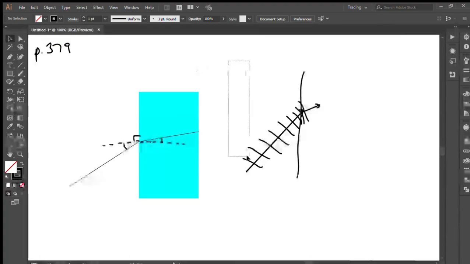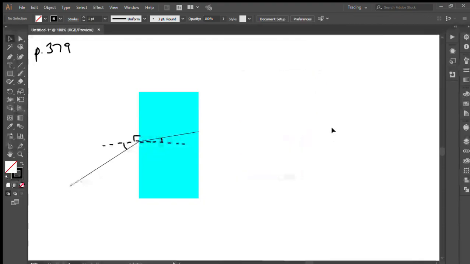So once light comes back out here, it's going from a more dense substance into a less dense substance, back into the air, and it's going to bend away from the perpendicular. Since it's the same substance, it should have the same angle as the original one. So that makes sense.